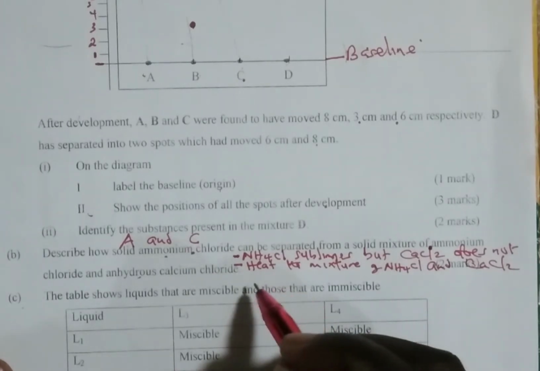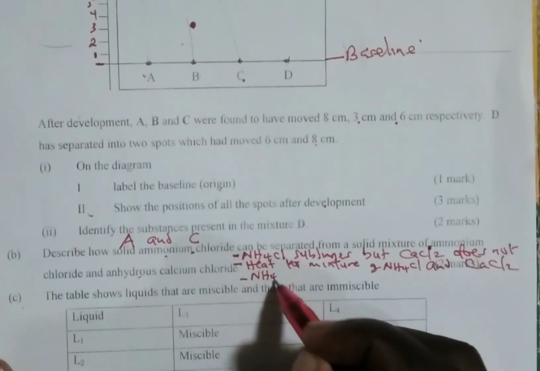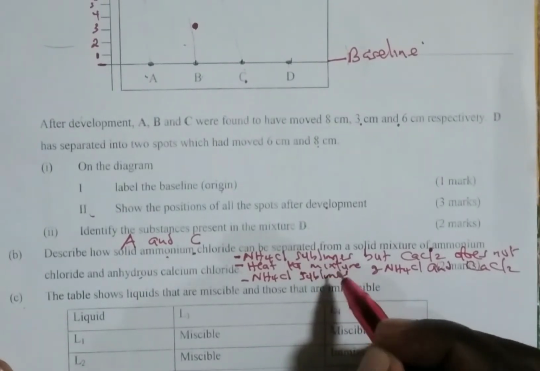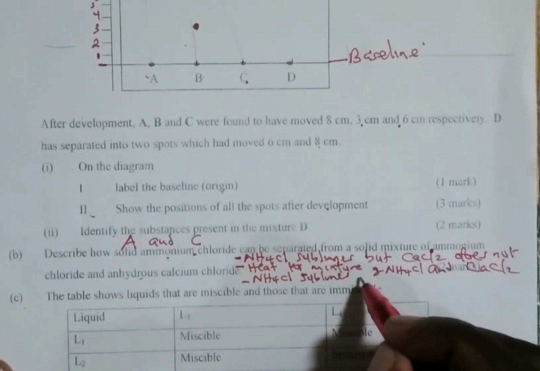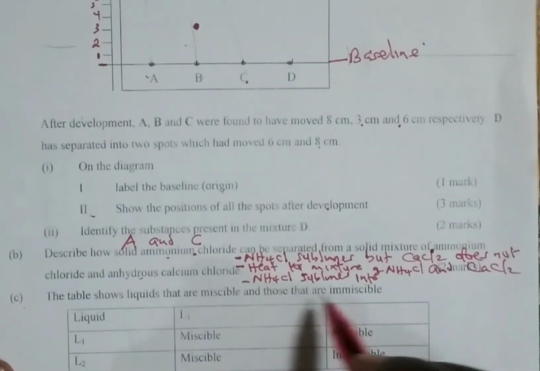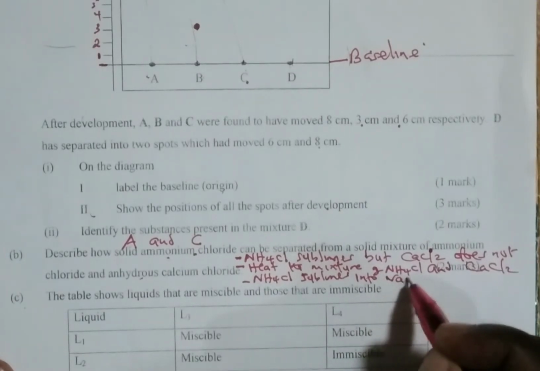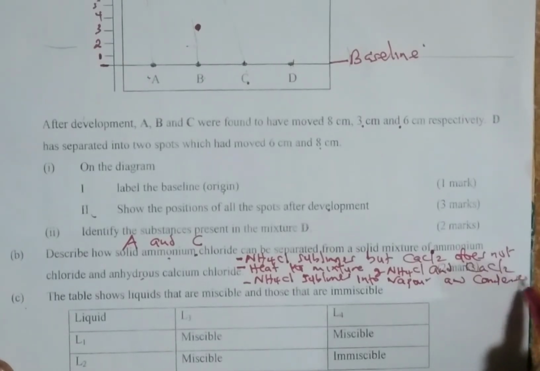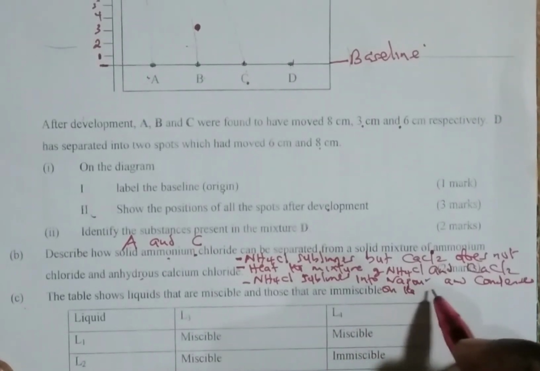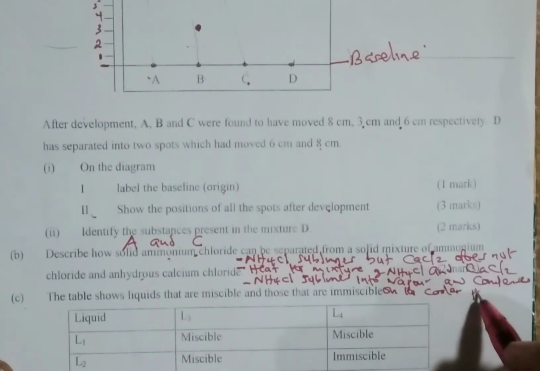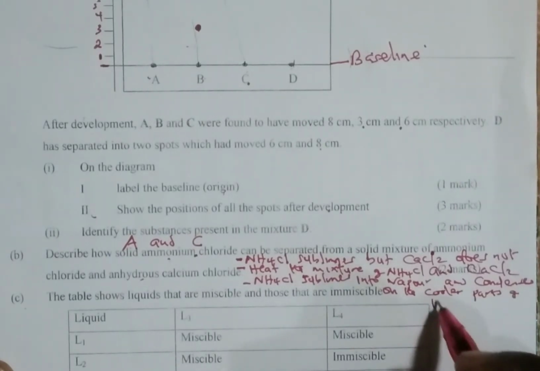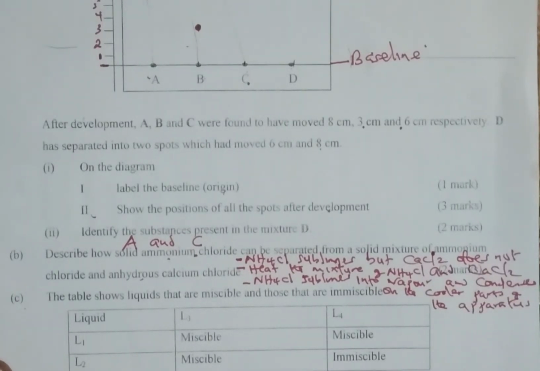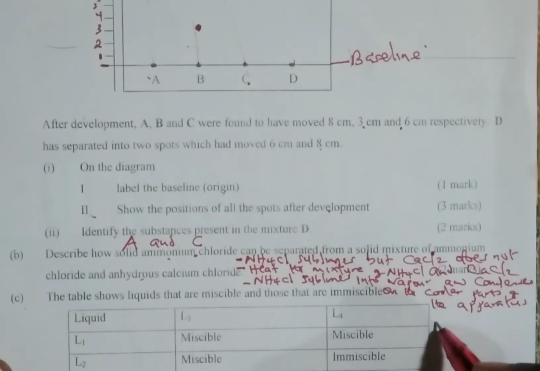Ammonium chloride sublimes, in other words, changes into vapor, and condenses on the cooler parts of the apparatus.